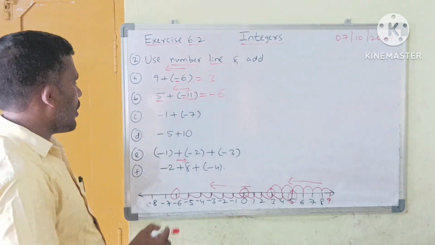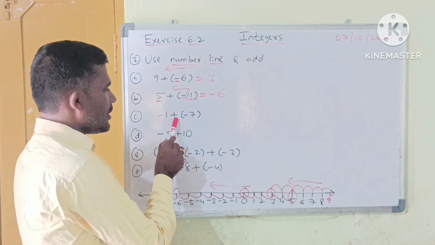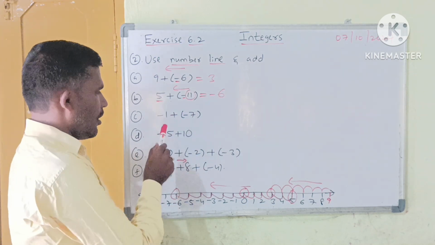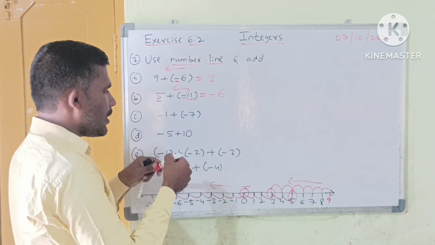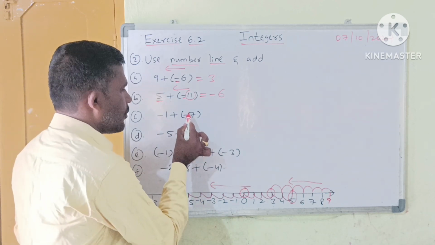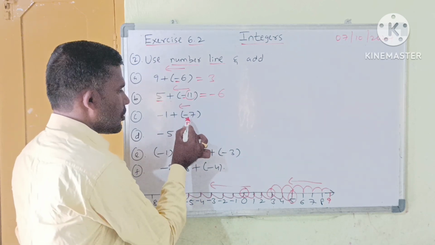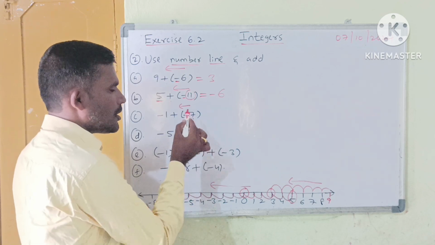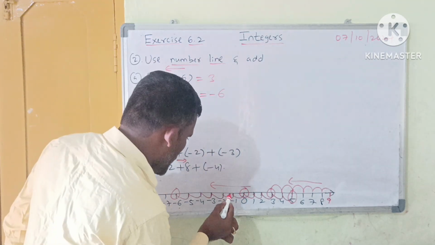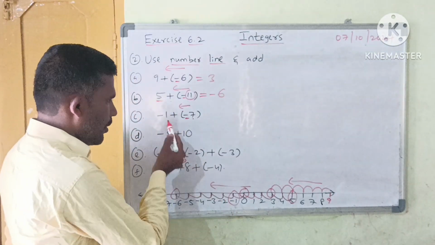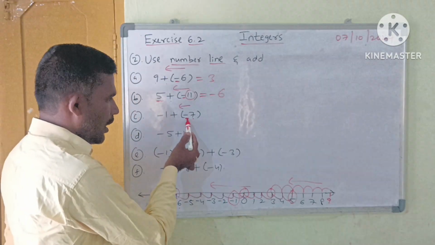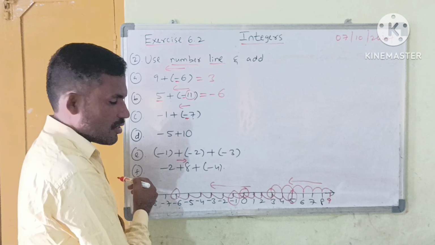Next, see, minus 1 plus minus 7. From the minus 1 we have to move to the left side only because in this also given the negative. So 7 steps we have to move. So minus 1 here. From the minus 1 you have to move to the left side 7 steps.